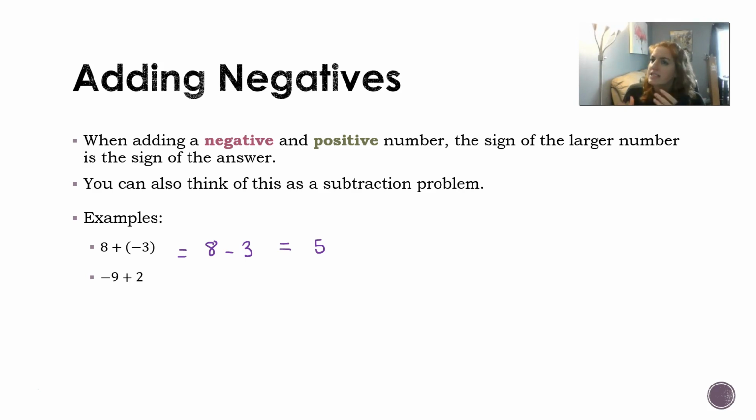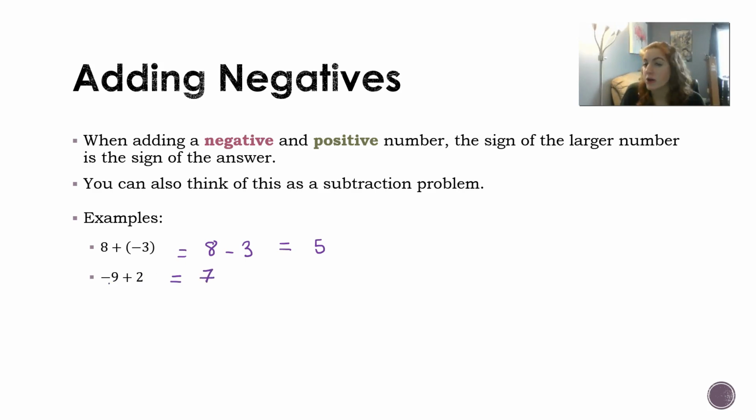Now, let's look at it a different way. Okay, how about negative 9 plus 2? Well, there's a couple things to notice about this. The first thing is that think of it as I'm down $9. I owe somebody $9, okay? And I'm giving them $2. That means I owe them 2 less, which means you would be at 9 minus 2, which is going to be 7.